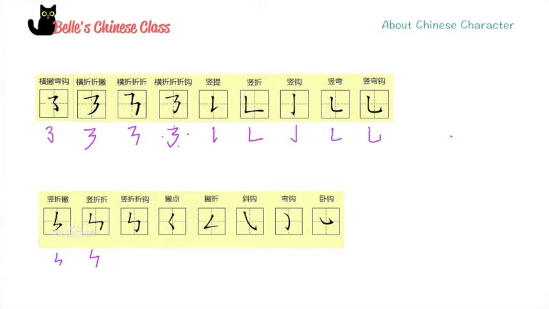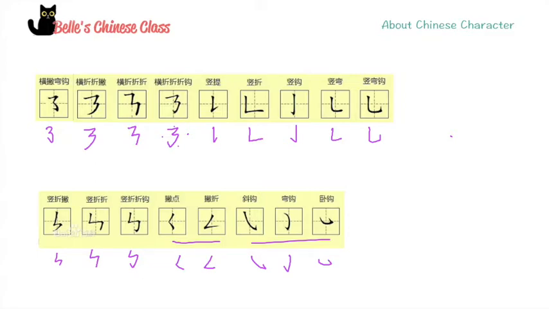Another variation is 竖折折钩. The next group, 撇点. Transform a little bit is 撇折. The next group is 斜钩. And the reverse of it is 弯钩. Make it horizontal. We have 卧钩.